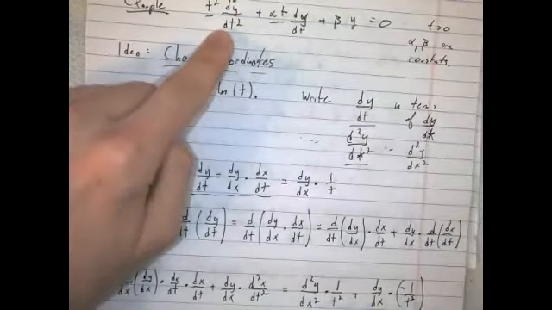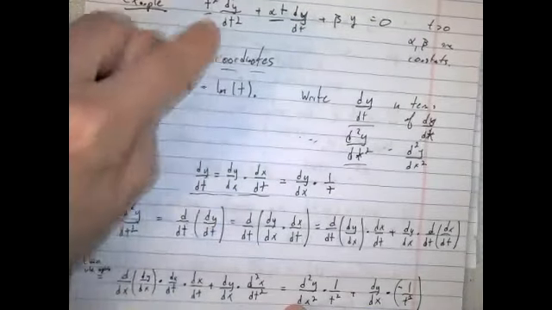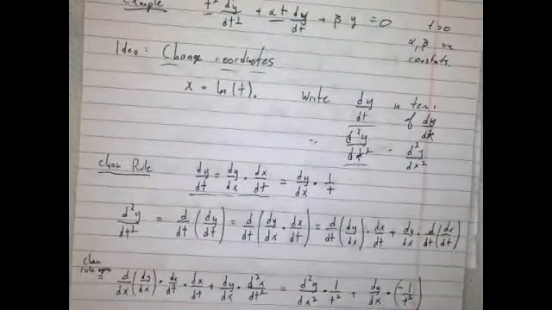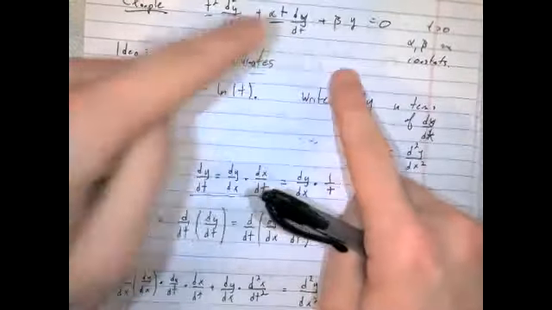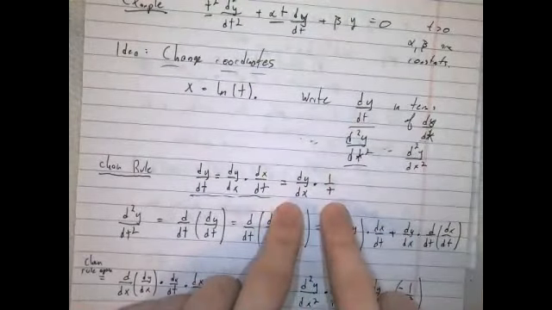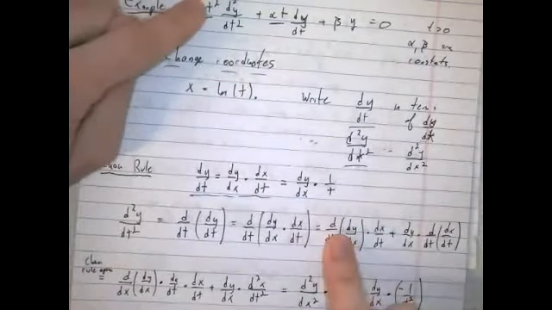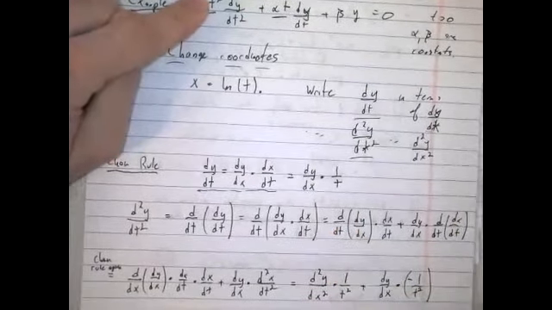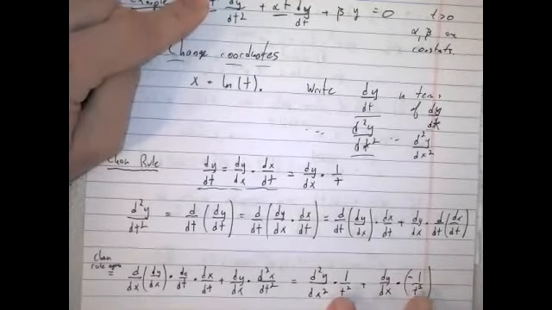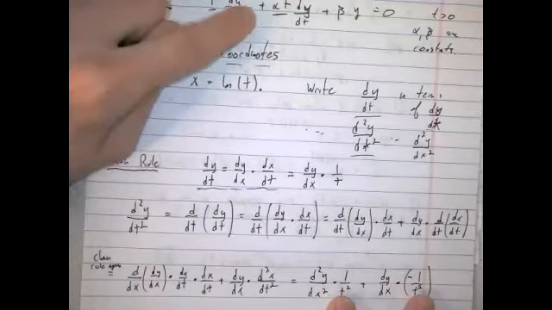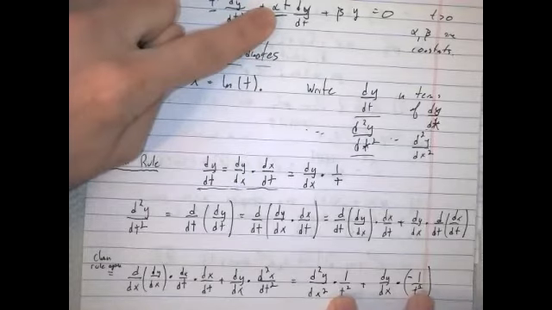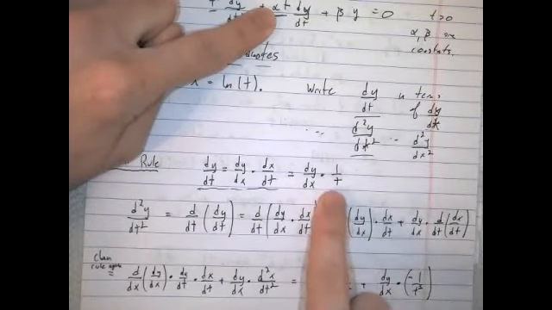Whenever I see d squared y dt squared, I'm going to plug in this equation, and where I see dy dt, I'm going to plug in this equation. You probably already noticed that the t squared in the numerator here will cancel with the t squared in the denominator here, and the t in the numerator here will cancel with the t in the denominator over here.